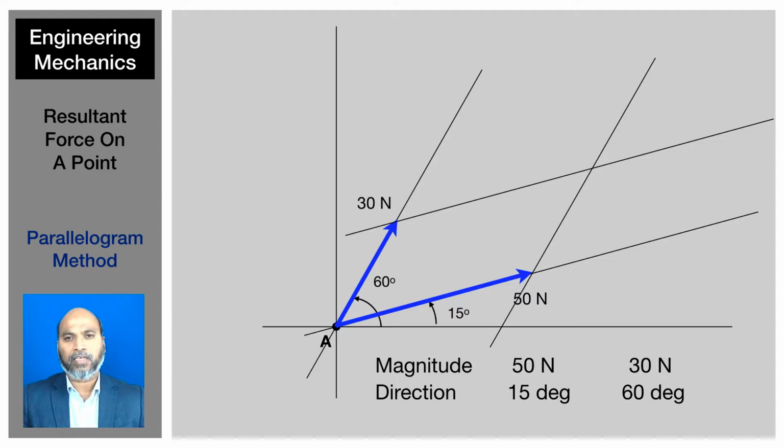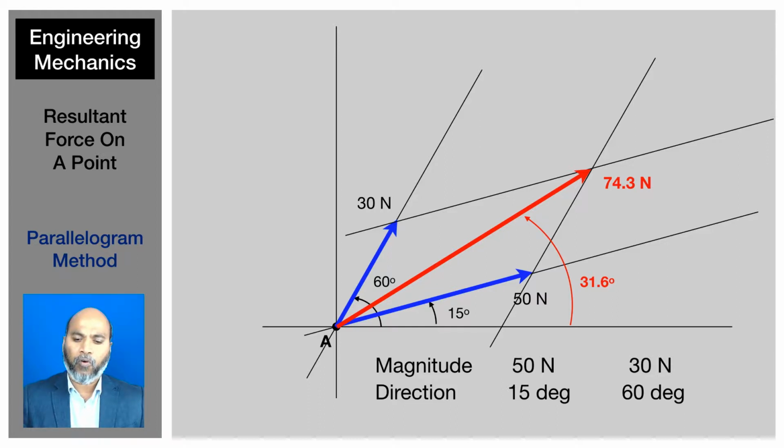That basically creates a parallelogram, as I have shown here in this figure. All you need to do then is join the diagonal points and you get a resultant force. This is the resultant force of approximately 74.3 newtons and 31.6 degrees from the x-axis.